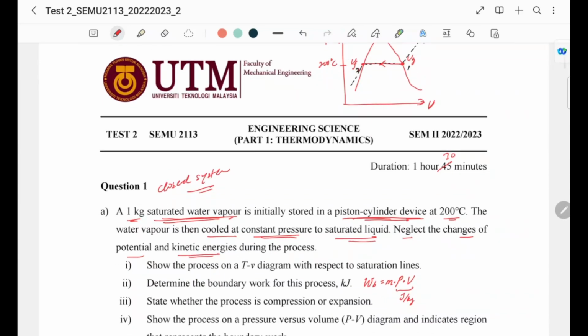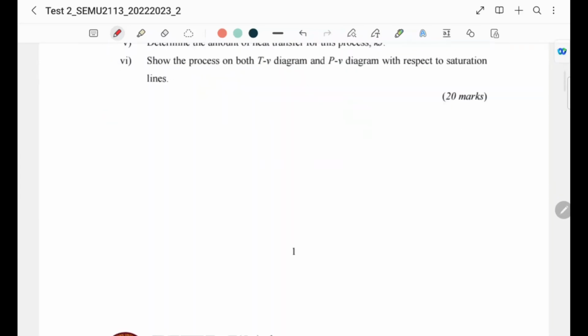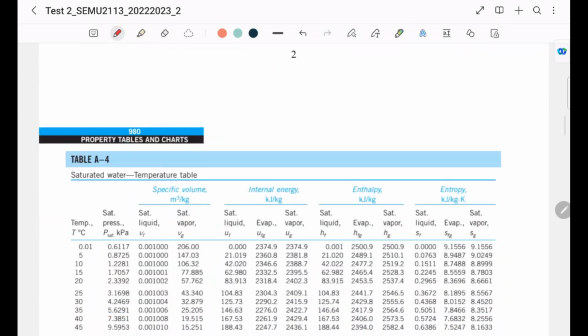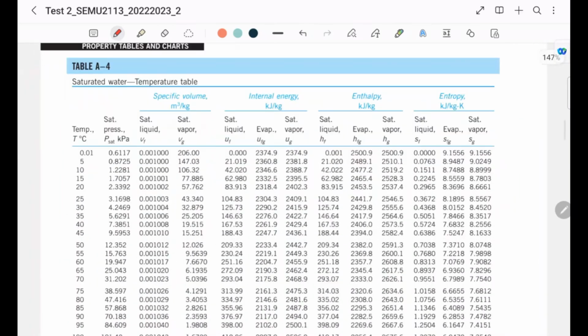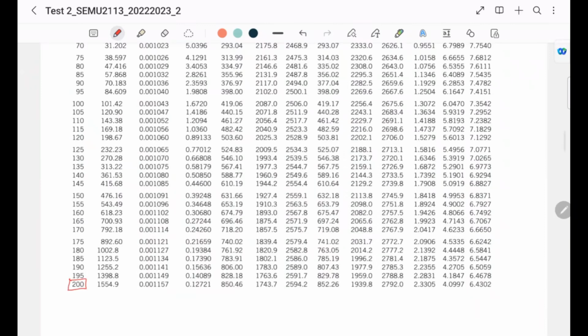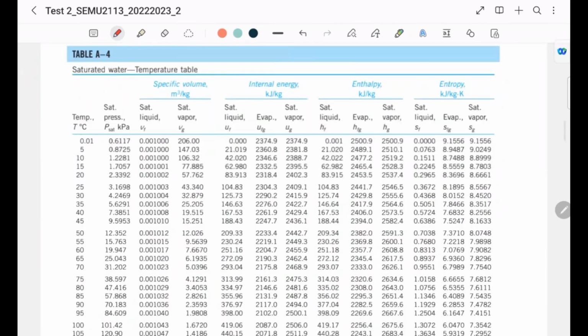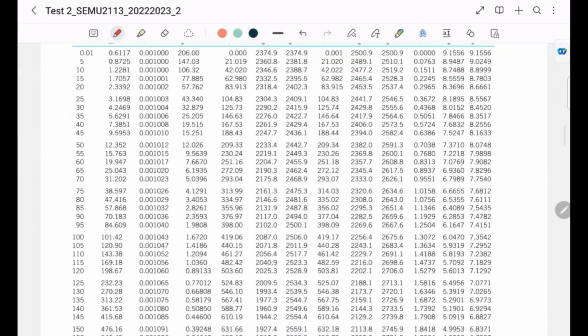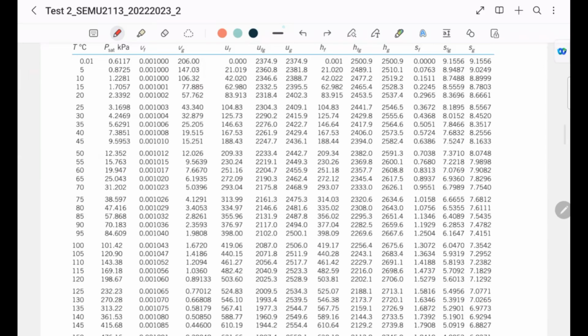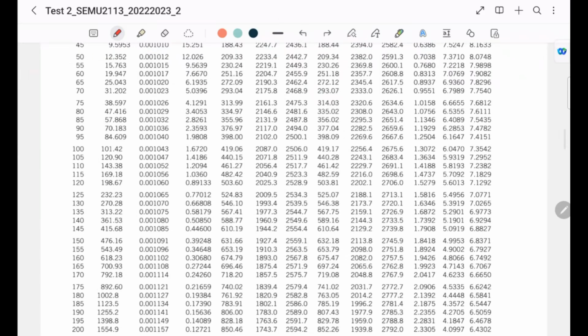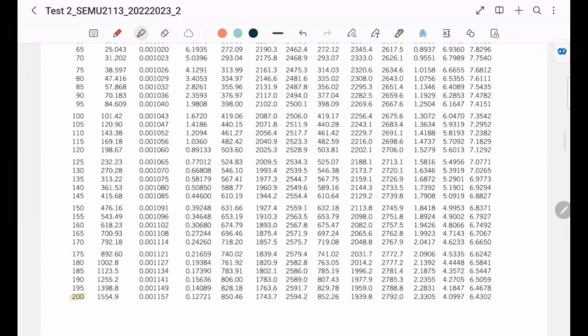200 degrees Celsius, if we look at the table provided, which is here. This is by temperature increment. Wait, let me just use this instead. So we know the pressure.